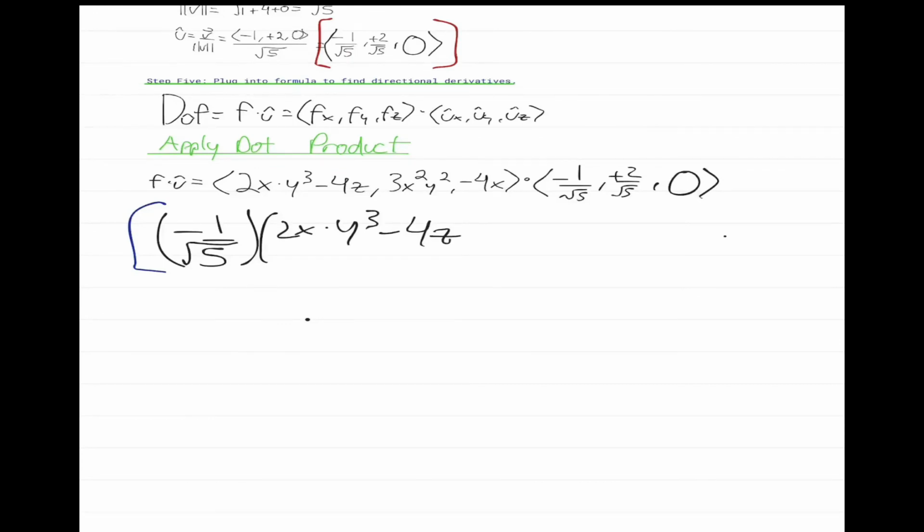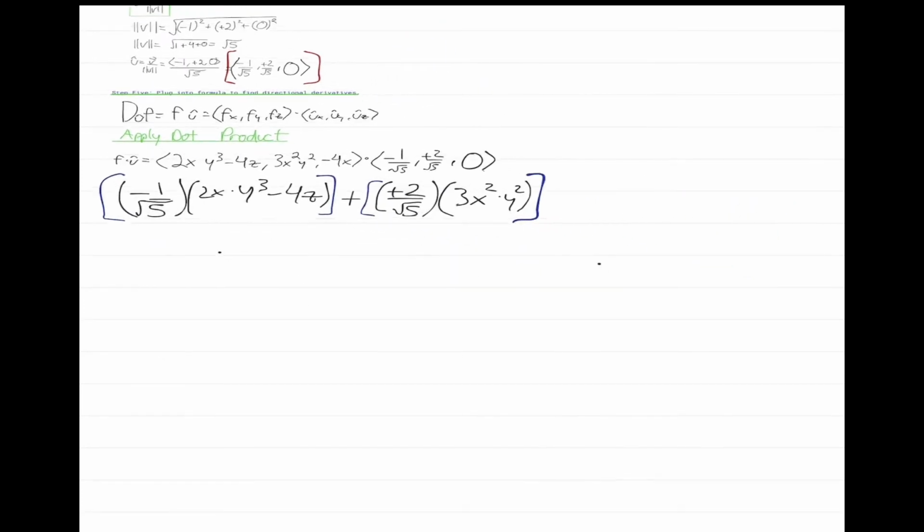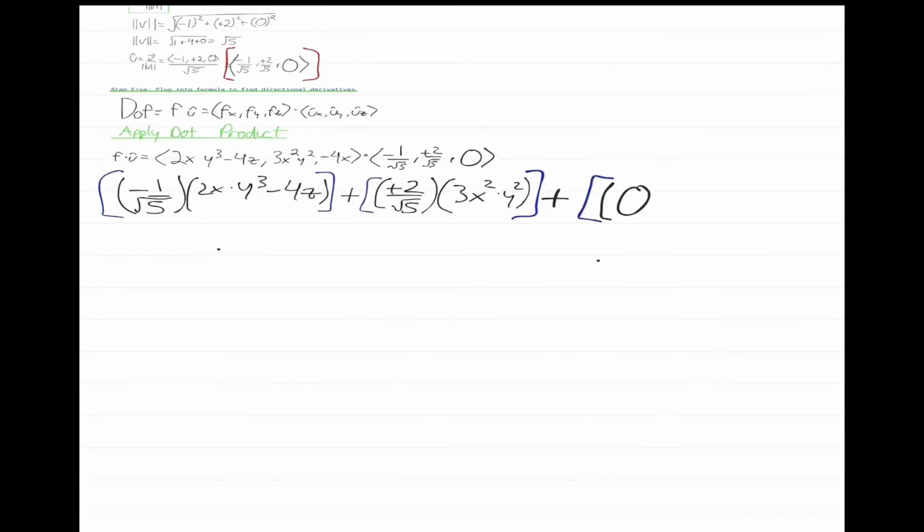Partial x is dotted with the x component of the unit vector, so I'm going to put brackets around that. Plus partial y dotted with the y component of the unit vector. And then partial z would be 0 times negative 4x.